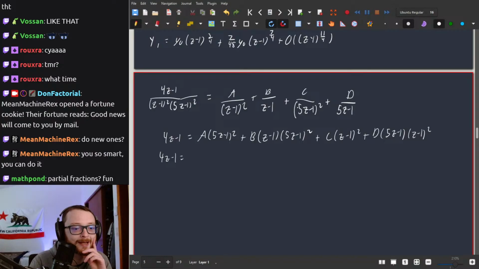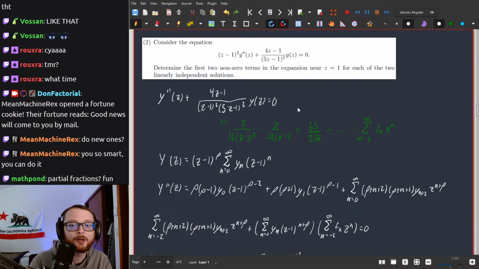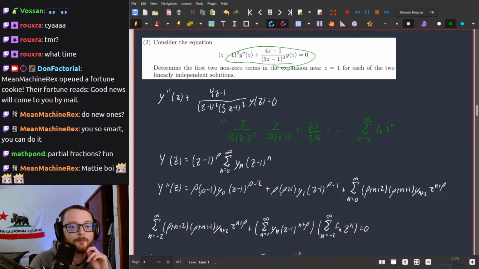Hey, Math Pond. Yeah, it's so much fun. Where this is coming from is I'm working on this problem up here, and in order to get a series solution for this ODE, it's actually going to be a Frobenius series, which is like a Taylor series, but the powers are rational instead of integers.